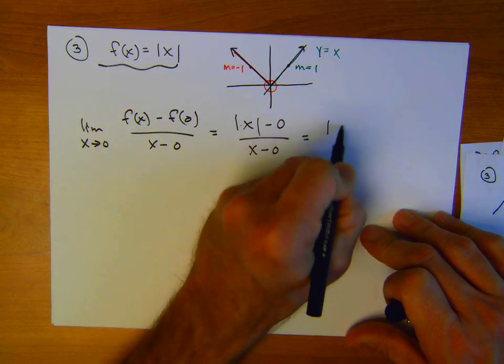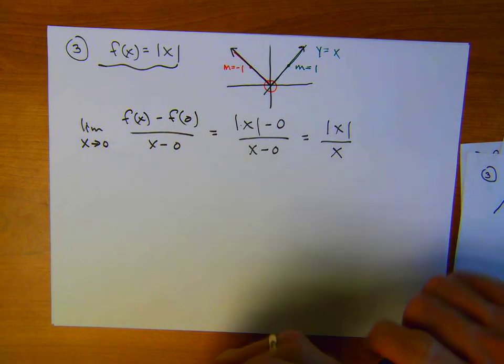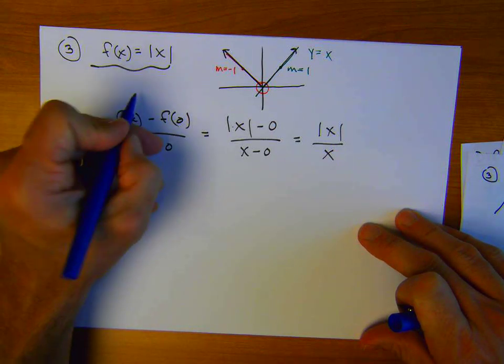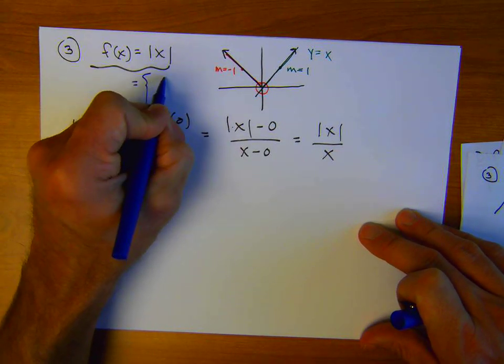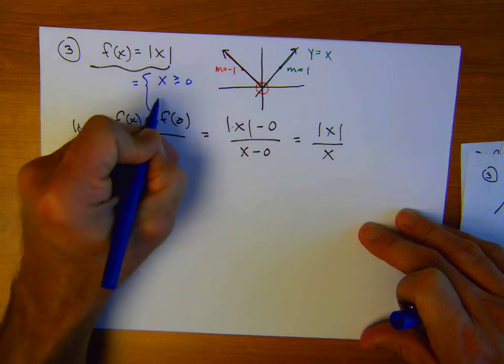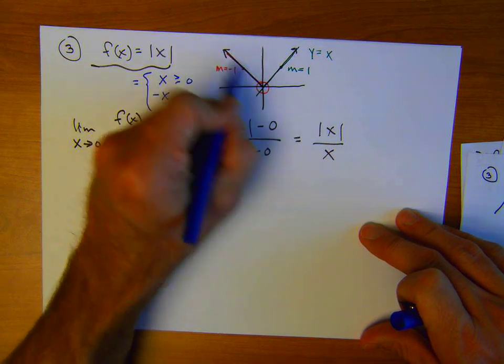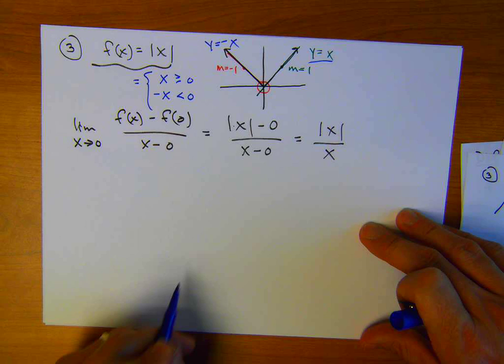That's going to leave us with absolute value of x over x. This is where the piecewise definition could be useful. So we could rewrite absolute value of x as x when x is greater than or equal to 0, or negative x when x is negative. This side of it is y equals x, this side of it is y equals negative x.